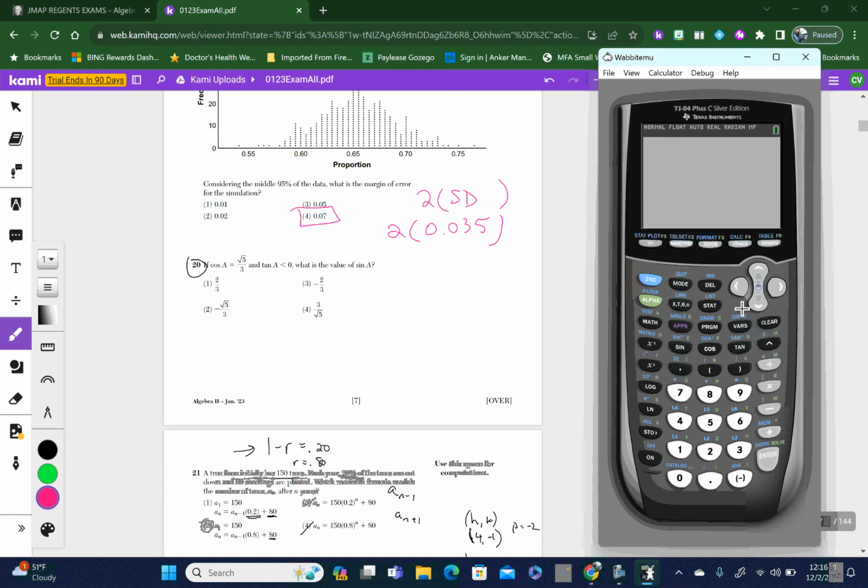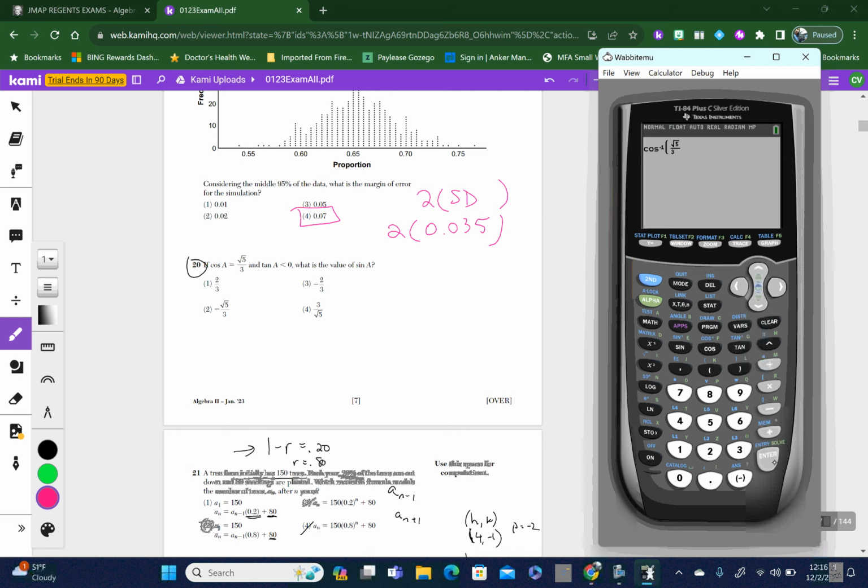Anyway, so to find out what the angle is, you hit second cos because we want to look for the angle, and you literally just put in the function. So we're going to put radical 5, second, and then 5 on top and a 3 on the bottom.